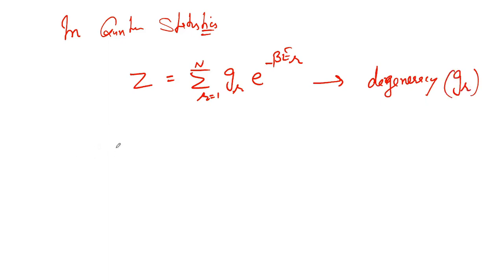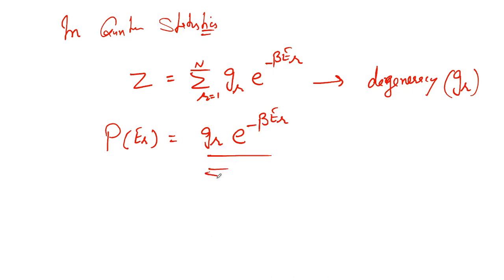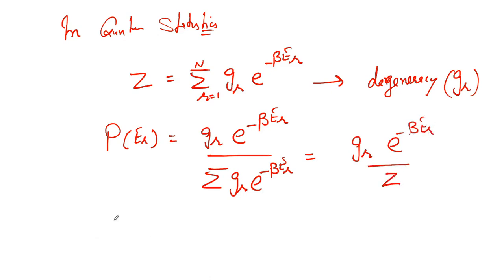In that case our probability relation comes out to be g_r e raised to the power minus beta E_r over the summation of g_r e raised to the power minus beta E_r, or we generally write it as g_r e raised to the power minus beta E_r over Z. So that is our partition function.